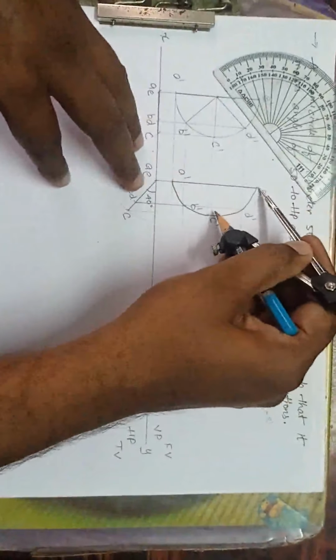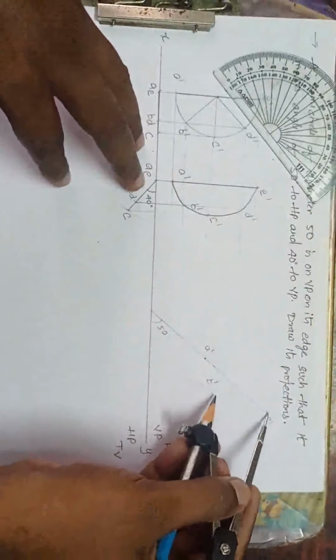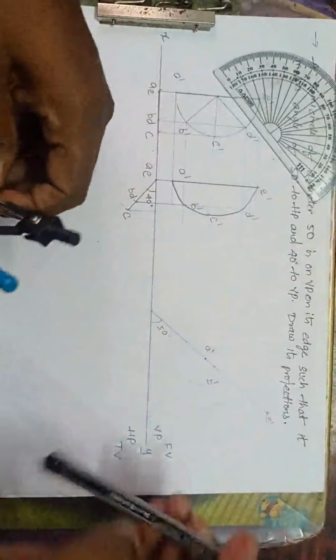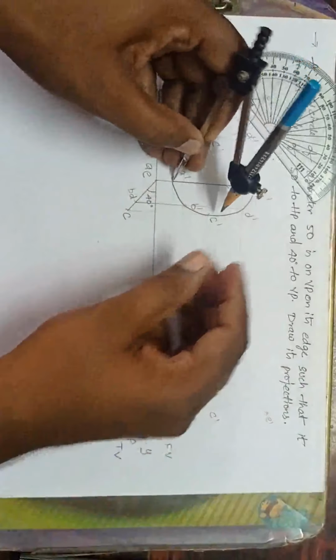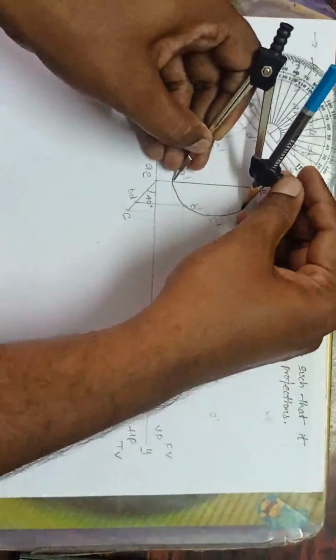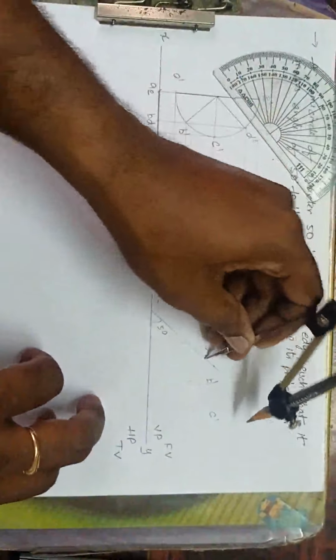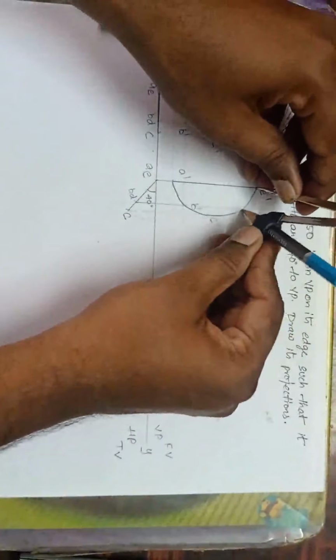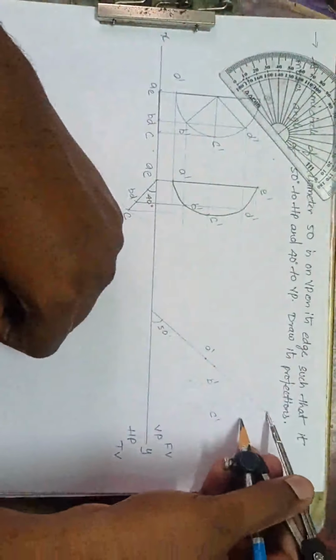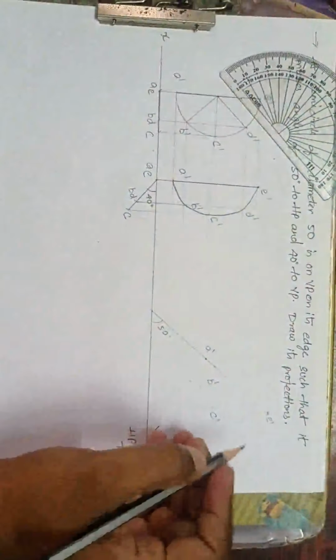Next, take radius E dash to C dash. Cut here. I will get C dash. I want D dash. Take radius A dash to D dash. Draw an arc. Next, E to D. Cut here. I will get D here.